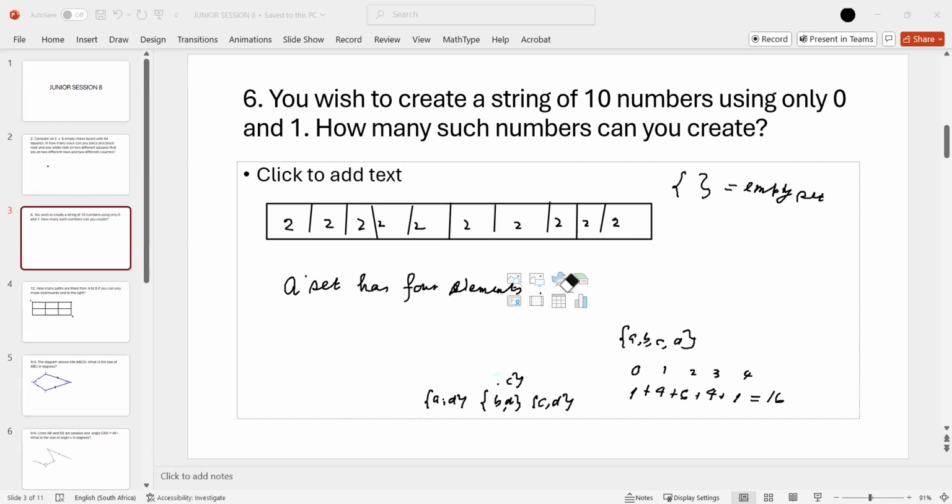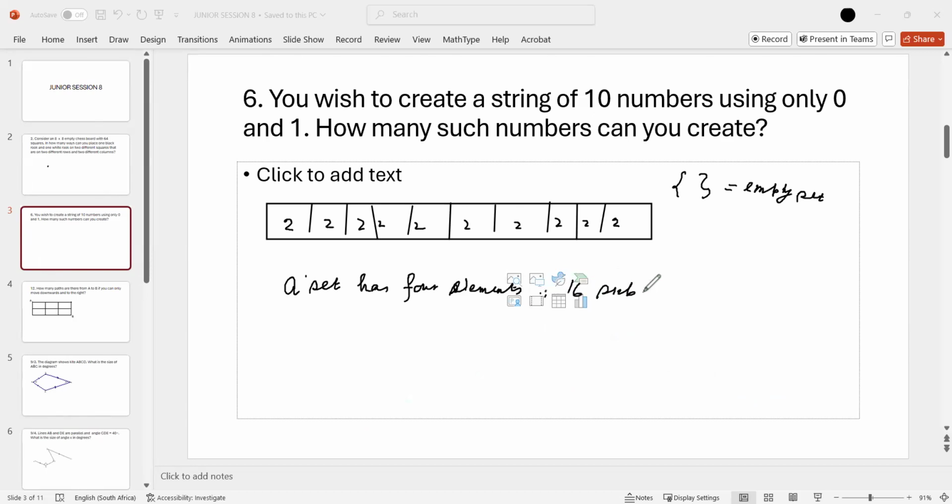Now, interestingly, if the set has 3 elements, it's got 8 subsets. You can try it out. It's easier to do. This one has got fewer subsets.